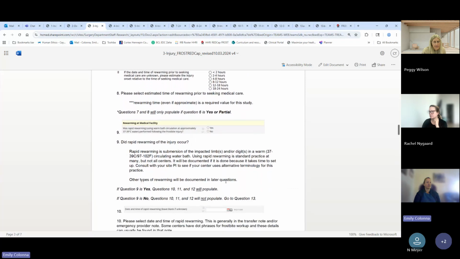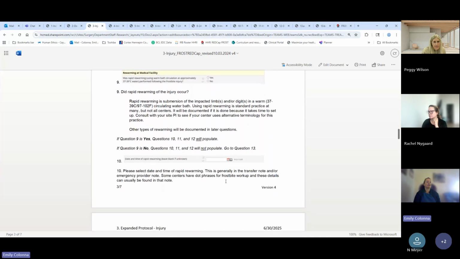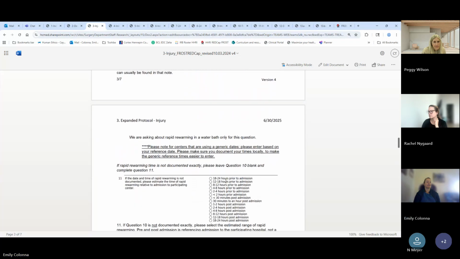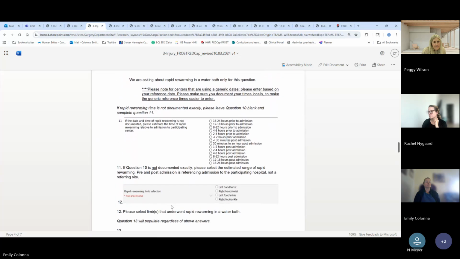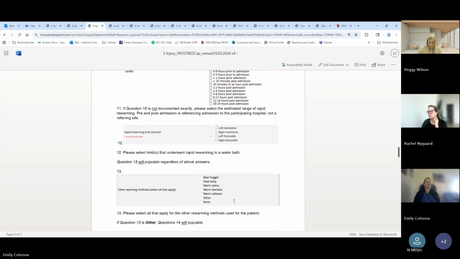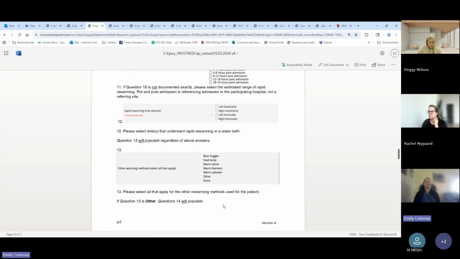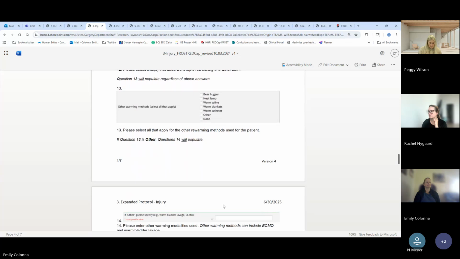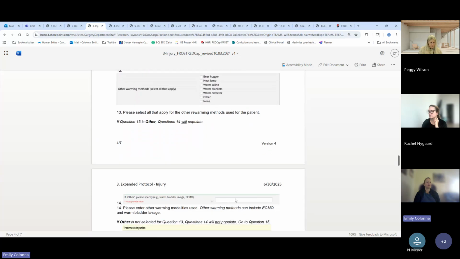And if that was done at your site, the time and date, a large window of estimating when rapid rewarming was done. Select the part of the body that rapid rewarming was done. And then we're looking for additional warming methods. If it's not on the list, you can type something in the box here too.